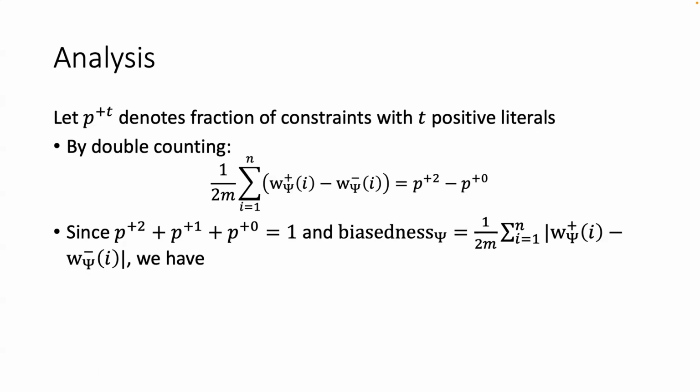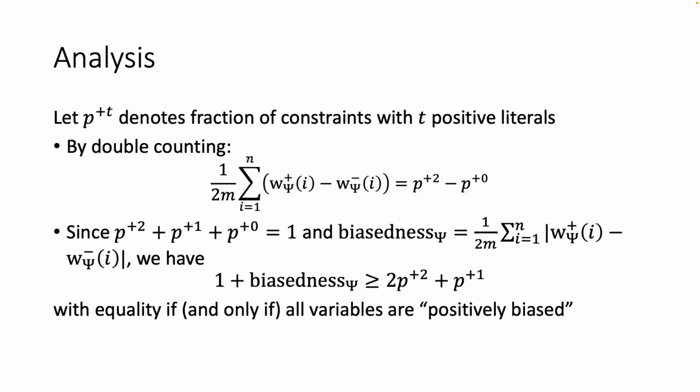So if I add P2 plus P1 plus P0 to the right-hand side and add 1 to the left-hand side, I get that 1 plus the biasness is at least 2P2 plus P1. There's also equality if every variable is positively biased, which means that for every variable the positive weight is at least the negative weight. This inequality turns out to be extremely convenient when we want to prove the two inequalities we were starting with.